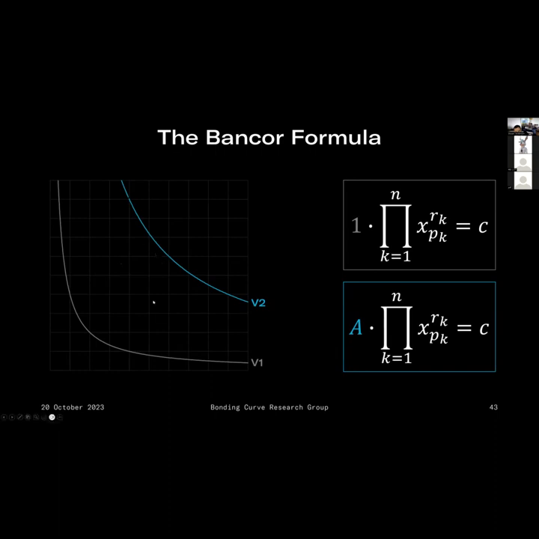So if you've got a certain number of tokens that's fulfilling the Bancor V1 bonding curve structure, when you move into the V2 prototype, this number A then moves the bonding curve to a different position. And this has some interesting effects. So first, let's go through what this transformation is and what it means.